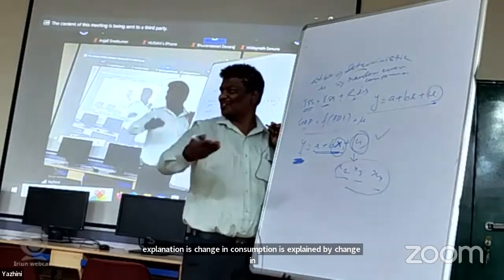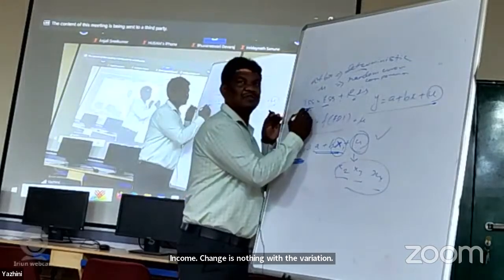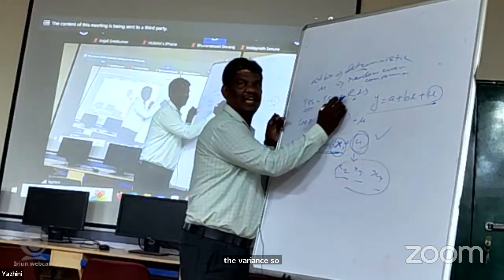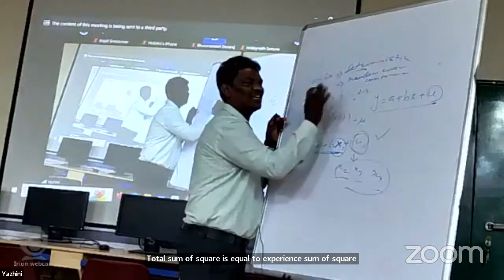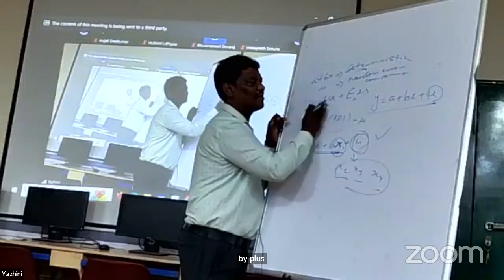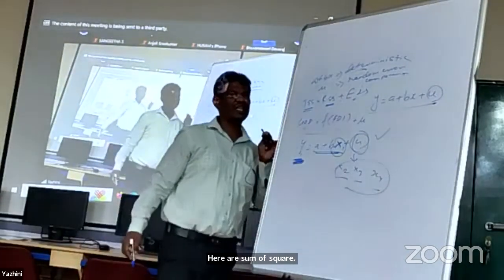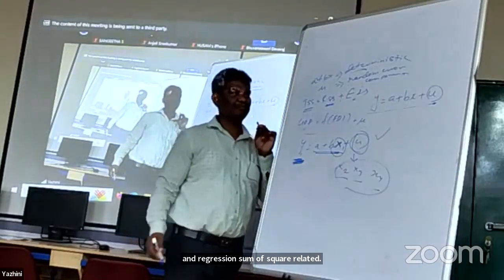Change is nothing but the variation, the variance. So total sum of square is equal to explained sum of square plus, there are two components. Let it be, there are different notations they are using.